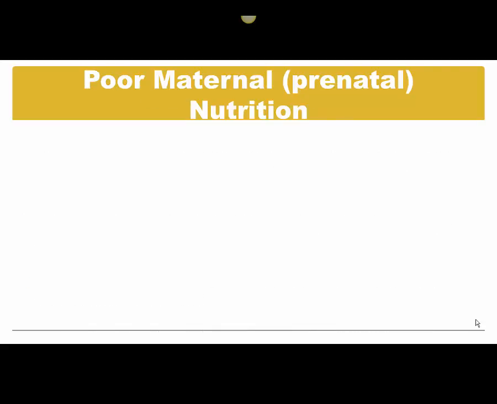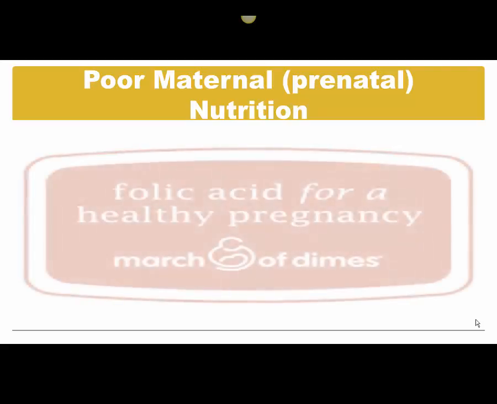Another risk factor is poor maternal nutrition. Poor nutrition prior to or during pregnancy can result in developmental delays for the baby. A vitamin that is important for a healthy pregnancy is folic acid. Low levels of folic acid increase the risk of spina bifida, a birth defect in which the backbone and spinal canal do not close before birth.